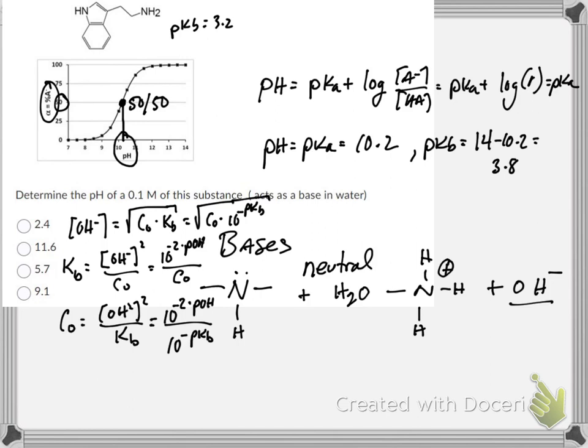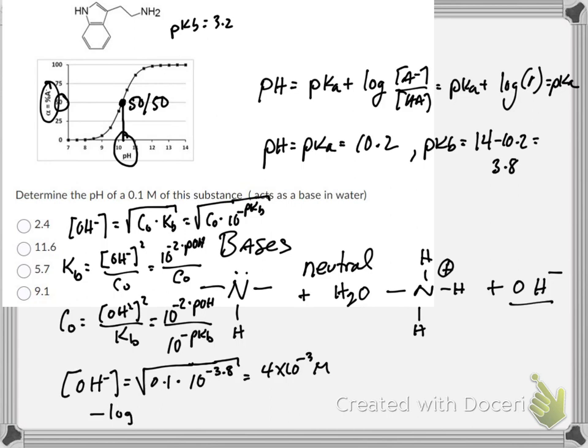So let's do that. Hydroxide ion here is equal to the square root of 0.1 times 10 to the minus 3.8, which equals 4 times 10 to the minus 3.